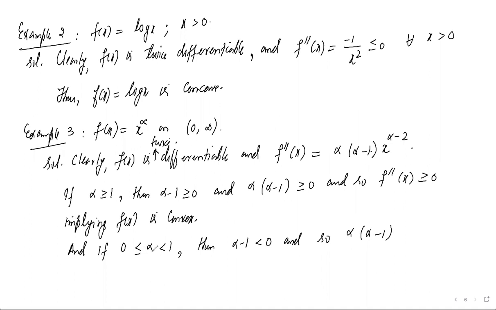So in fact, suppose let's take 0 less or equal to alpha less than 1. Then we will get alpha minus 1 is less than 0, and alpha into alpha minus 1 is less or equal to 0, implying f of x is concave.